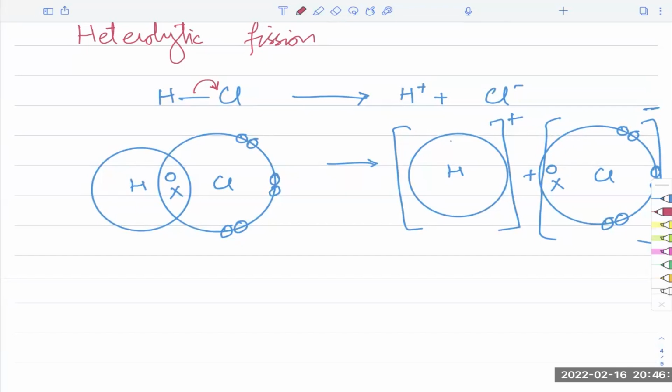This curly arrow shows that both the electrons in the bond move to chlorine. And what does that make? This is called heterolytic fission because the bond is not breaking equally. There is uneven breaking of the bond. But not just that, it will give a positive charge to one thing and a negative charge to the other thing. So there are three new terms here to understand. Have you heard of this term called electrophile?